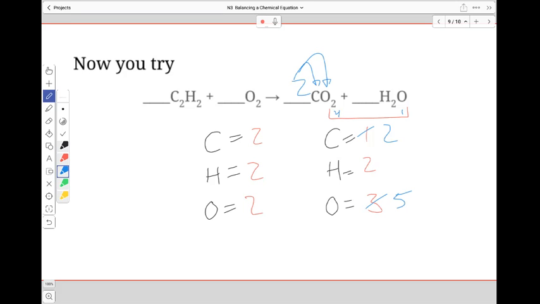So what is 5 divided by 2? Well, that would be 2, which is 4, which is 1. So it's 2.5. So can I put a 2.5 here? No, you can't have half. You can't go to McDonald's and order a Big Mac and get half of a Big Mac.